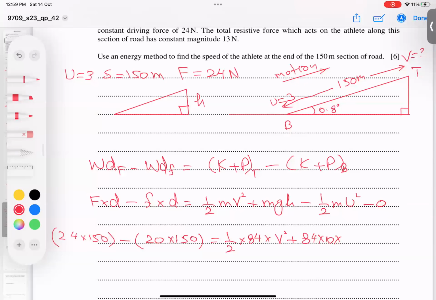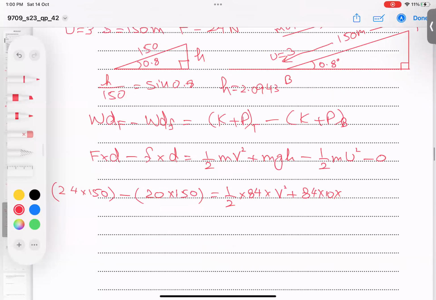The height is the target, the angle is 0.8 degrees, and the hypotenuse is 150. Using SOHCAHTOA, opposite over hypotenuse is sine theta, so the sine of 0.8 gives h. Typing it in the calculator, I get 2.09433. I think 2.0943 is enough. So that is the height, students.